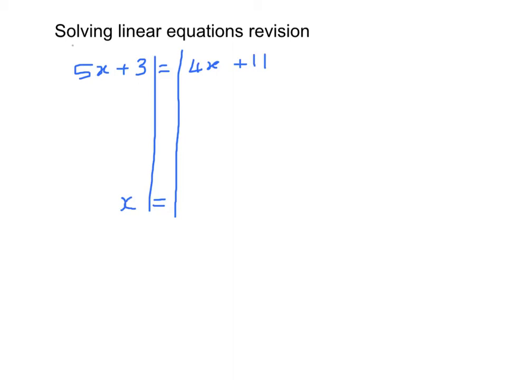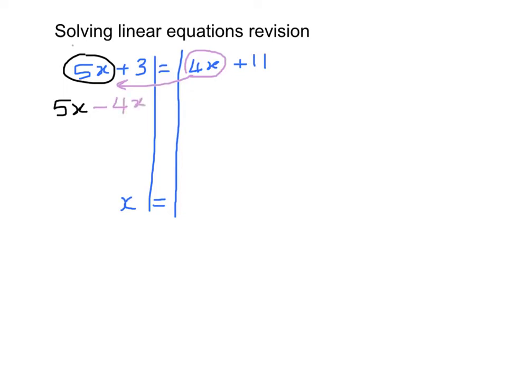So for example, I start with my largest x and I'll keep that on that side. 5x I'll keep here, but this 4x is a positive 4x. When I bring it over to the other side, I have to make it a minus 4x.